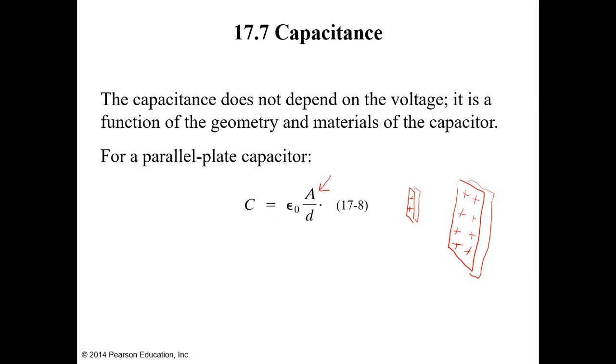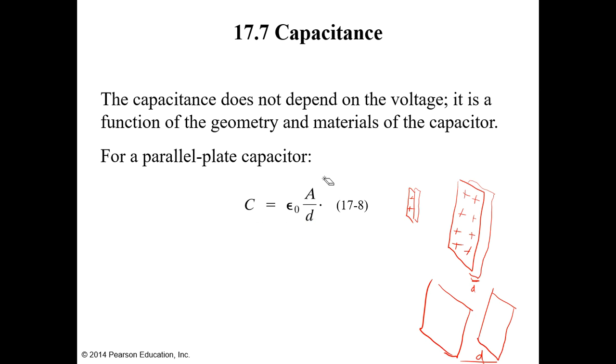So capacitance increases as the area increases. It also depends on the distance. If you have just a short distance here versus a large distance here, well, the farther apart they are, the less charge you're actually going to be able to build up. And so the smaller the distance, the more charge you can build up. So capacitance is inversely proportional to distance.